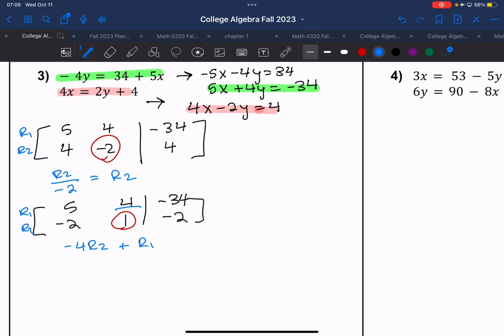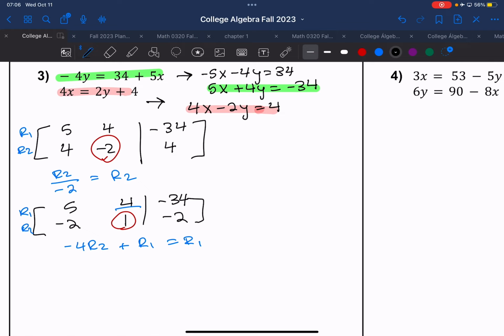Row 1, because that's what we're trying to change, right? We're trying to change the number in row 1 to give us a new row 1. So what we're doing is we're doing -4 times 1, which is -4. -4 plus 4 is 0. In this way, we're not messing with the 1. We're using the 1, but we're not changing that row at all.